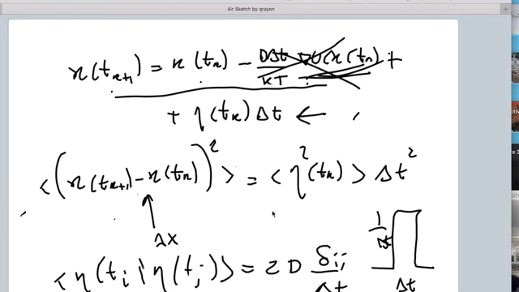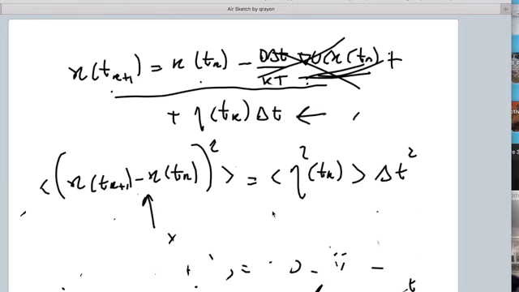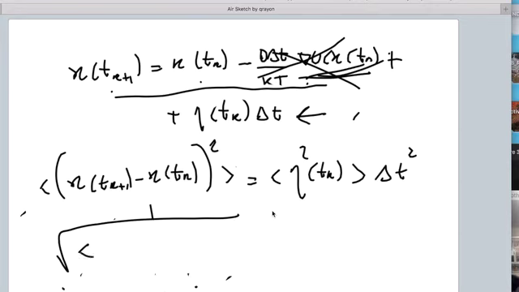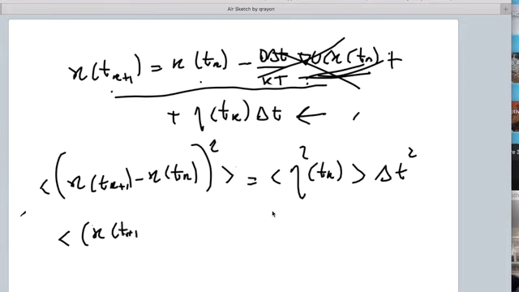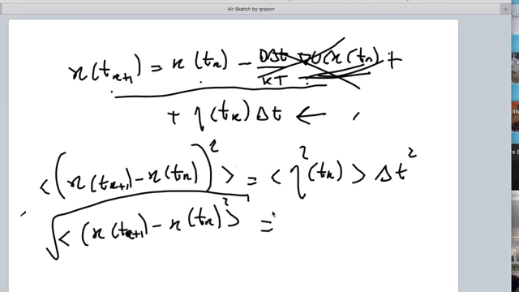Which in turn means that, let's write it in a slightly more tidy form, what we arrive at is the conclusion that typically, if I take x at time t_{k+1} minus x at time t_k, take the square, take the root to get something with the units of distance, this is of order root of delta t.